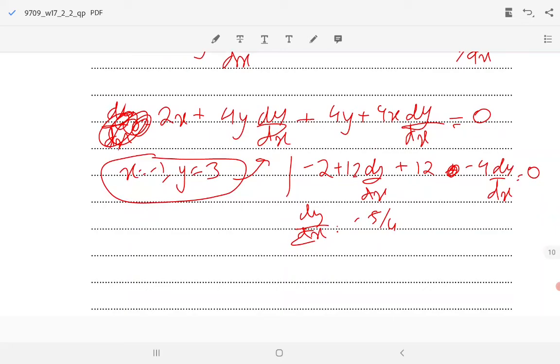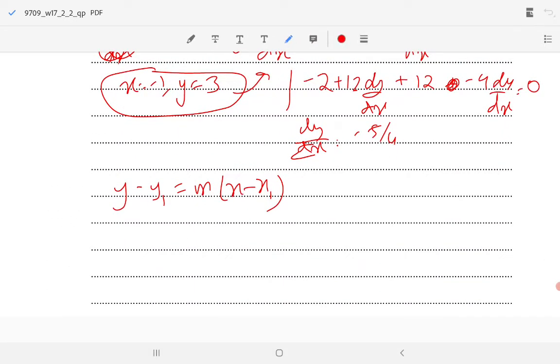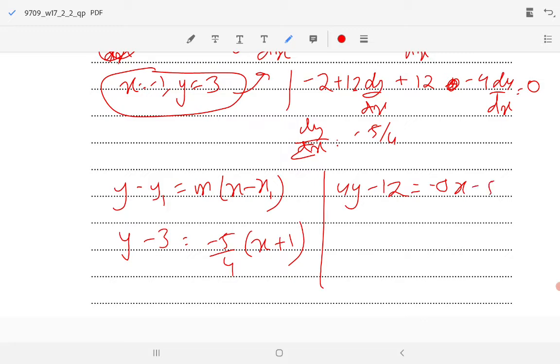Using y minus y1 equals m times x minus x1, we get 4y minus 12 equals minus 5x minus 5.